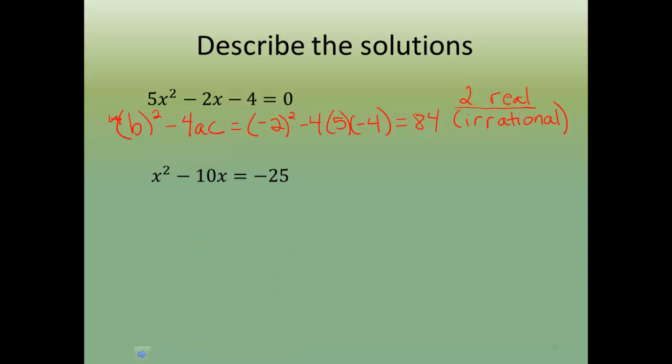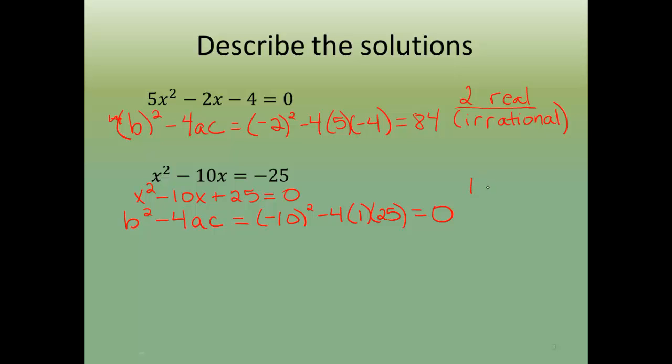Next one, x squared minus 10x equals negative 25. I'm going to put it in standard form first, just like you would if you were going to actually solve with the quadratic formula. My discriminant is b squared minus 4ac, and so I get negative 10 squared minus 4 times 1 times 25. That's 100 minus 100, that's 0.